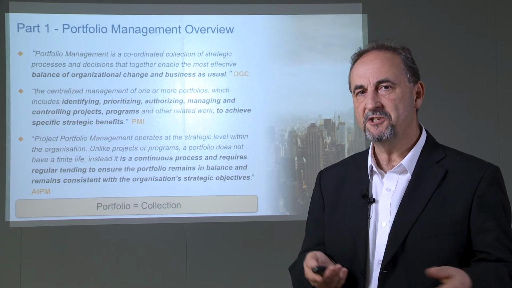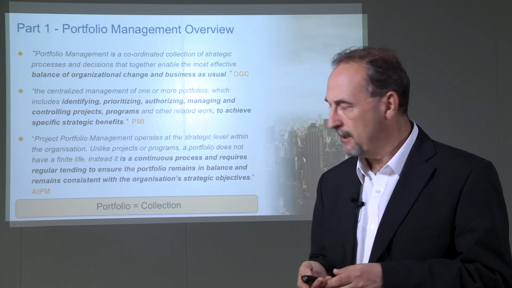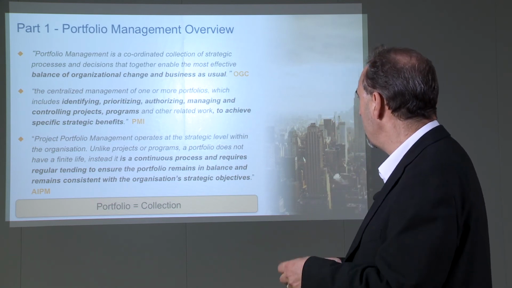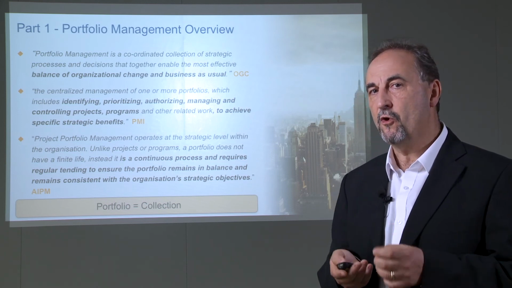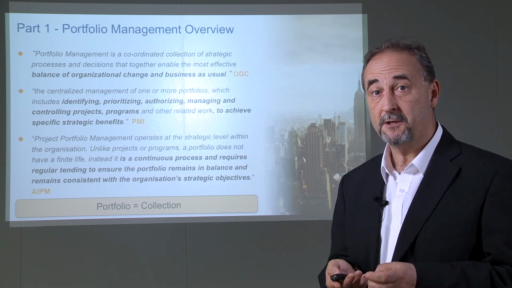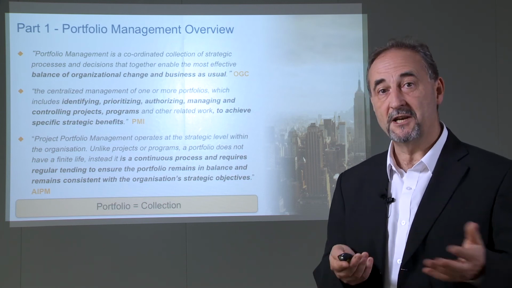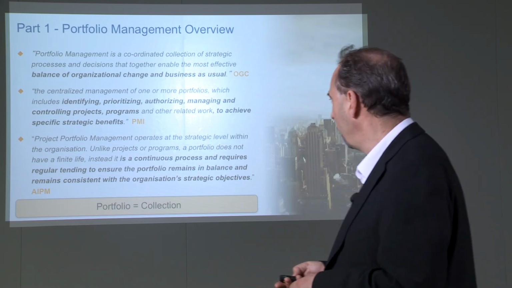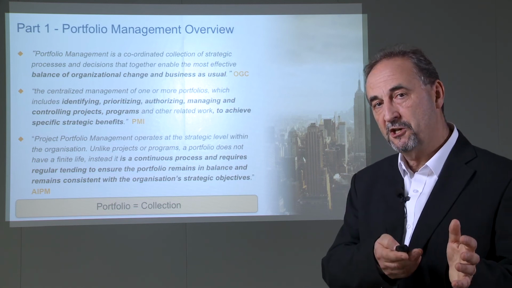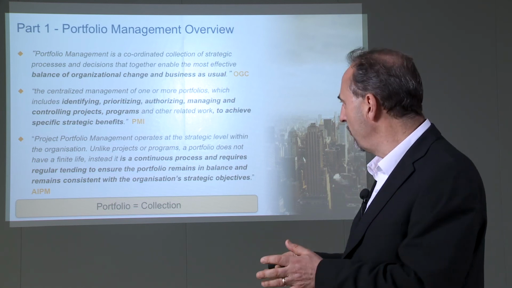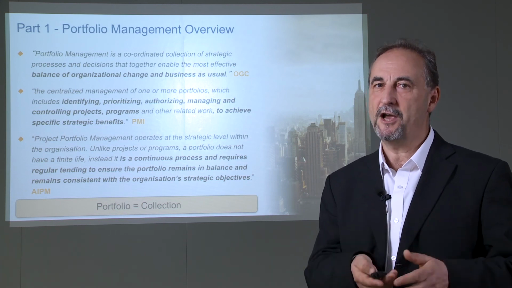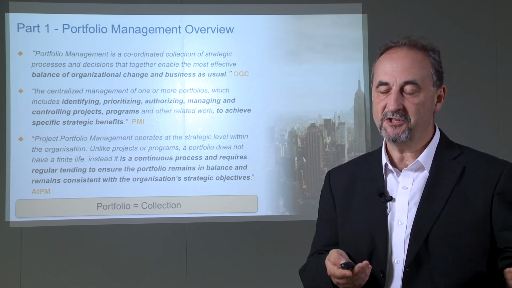We need to have balance, and I'll come on to that in a little while. But there again, this idea about being consistent with the organisation's strategic objectives. So this is about the portfolio delivering the organisation's strategy. So hang on to that concept. The portfolio is a collection of what? Projects and programs designed to achieve the organisation's strategic objectives.